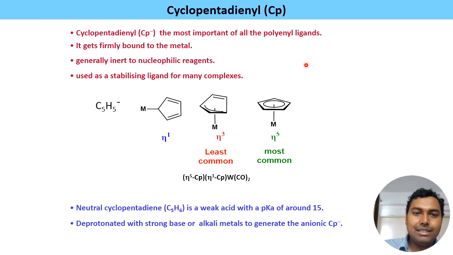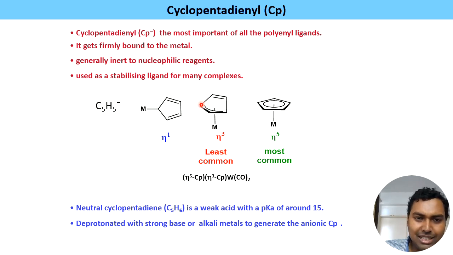Yes, so here is the cyclopentadienyl ligand, which is needed for this ferrocene synthesis. This ligand shows different types of coordination behavior. Here we can see the cyclopentadienyl, that means C5H5 minus, and it can simply coordinate in an eta 1 fashion, that is hapticity 1. It can also coordinate to the metal by hapticity 3, that is eta 3 coordination.